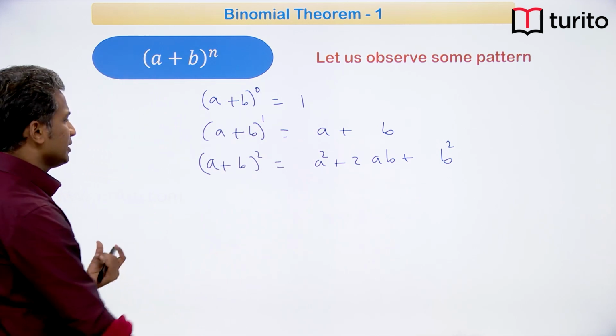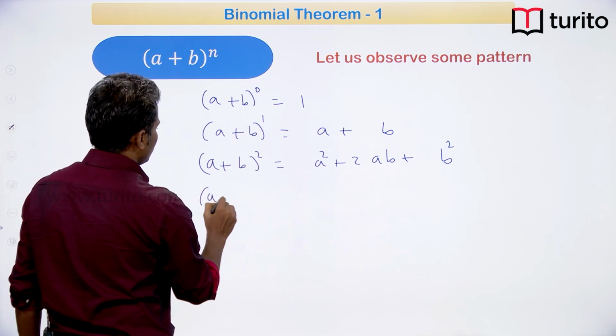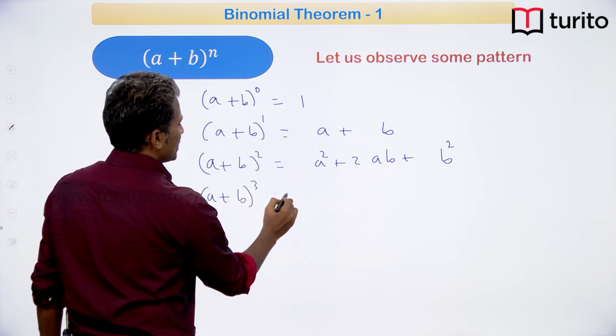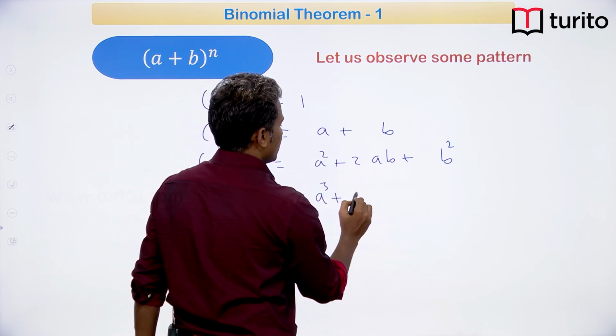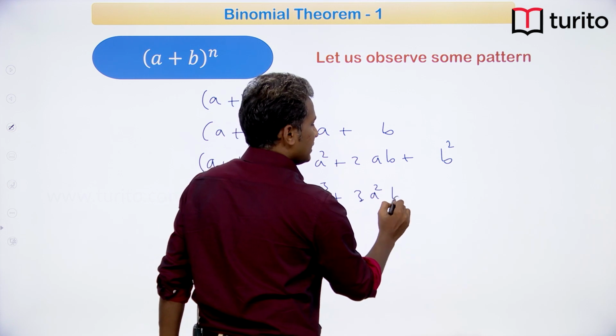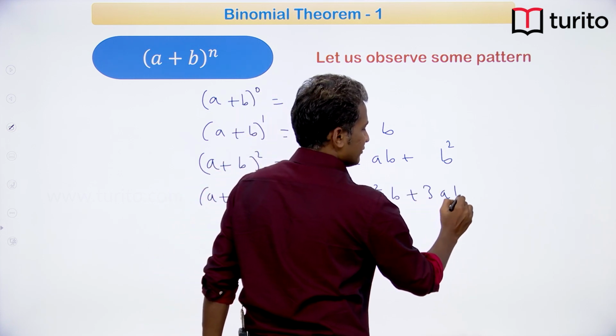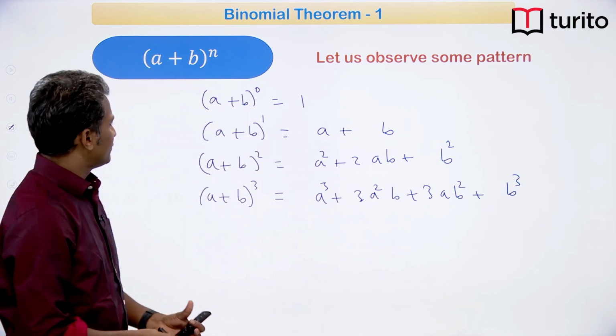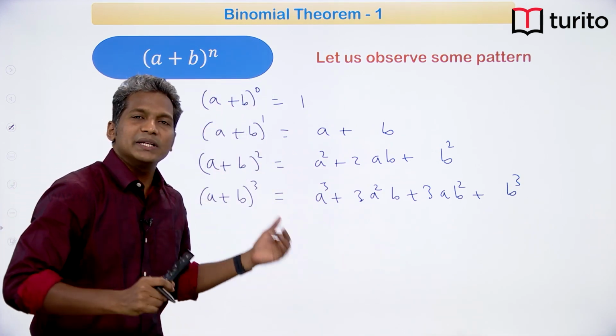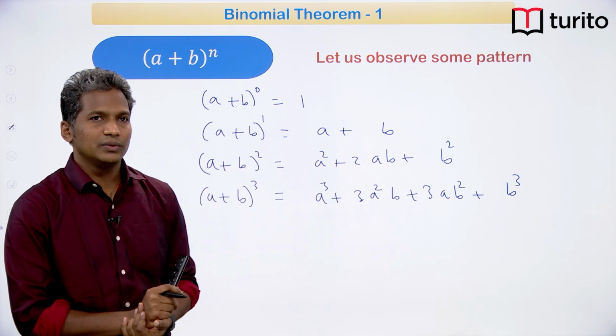You already have an idea of these. So let me just write one more term. a plus b whole cube is going to be a cube plus 3a square b plus 3ab square plus b cube. Okay? These are basic expansions that you have learned in school.